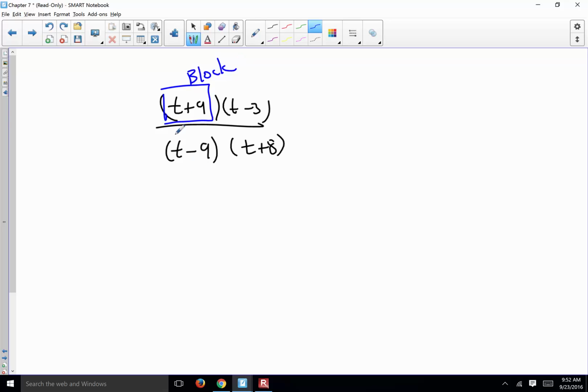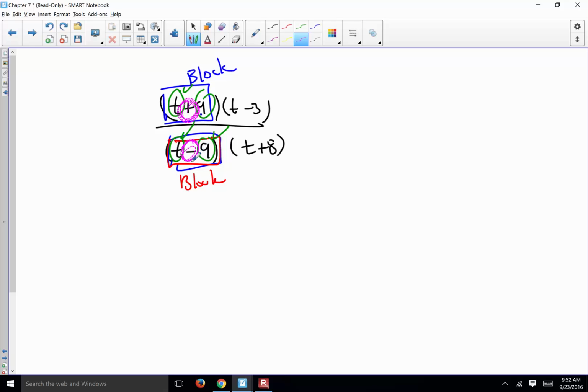It's impossible. This is a block, and this is a separate block. They only cancel each other if the entire 3 items are the same. T must be the same. 9 must be the same. Yeah, they are the same.